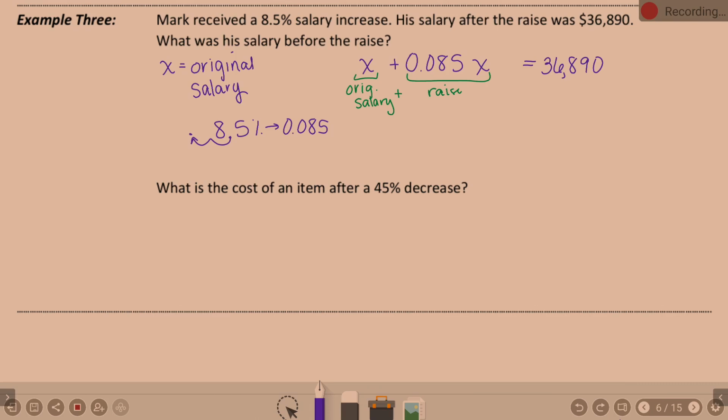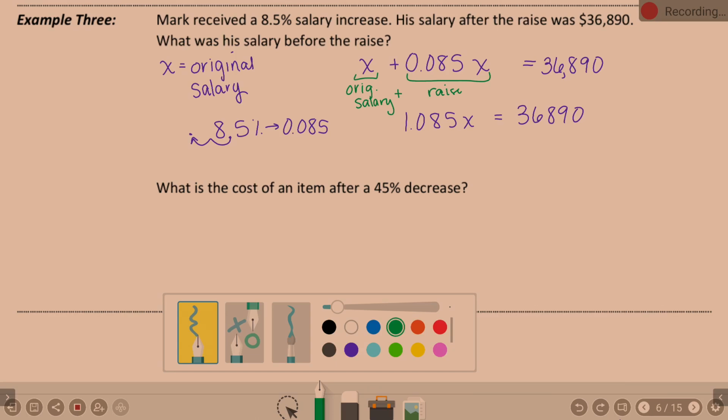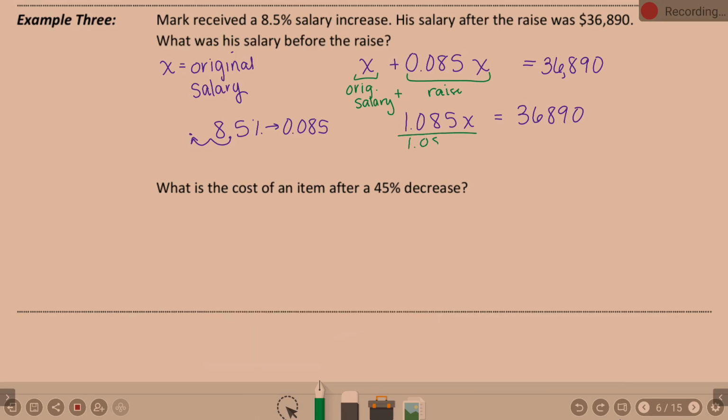Now, can you add those pieces on the left? What is X plus 0.085X? It's 1.085X, since there's an invisible 1 in front of the X. So 1.085X equals 36,890. To solve this, divide by 1.085. Your calculator will do the math.